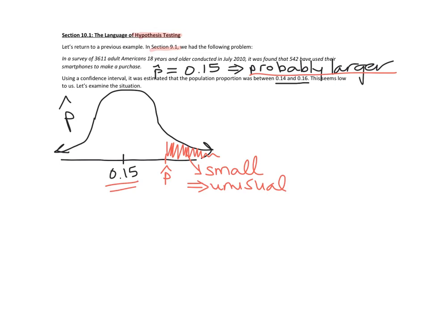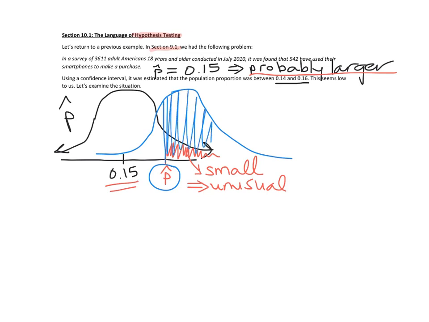Okay, so in reality what's happening is that this is not small and unusual. The problem is the mean of the sampling distribution of the sample proportion is wrong. So what's actually happening, and let's use a different color, maybe blue, is that our mean is closer to our new sample proportion. So maybe this is what actually is going on. And then if we look at this probability of happening with what is really going on in the population, now this is not unusual.